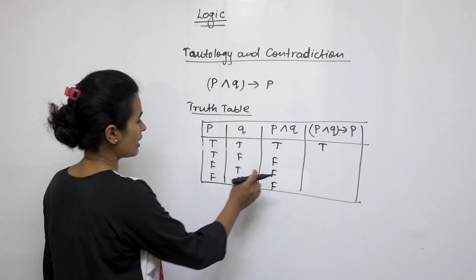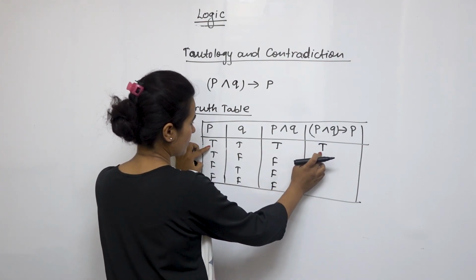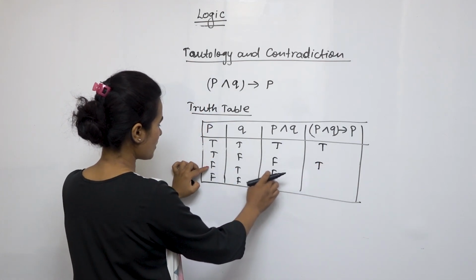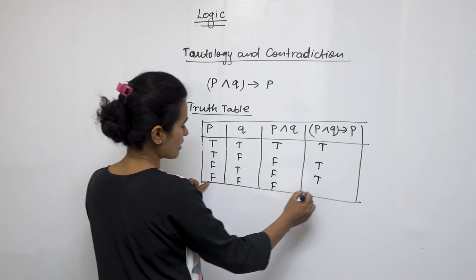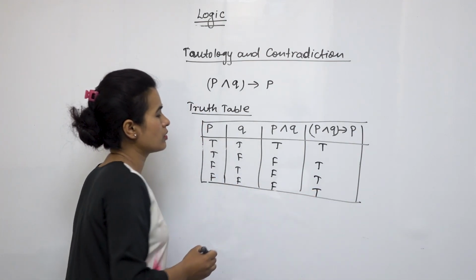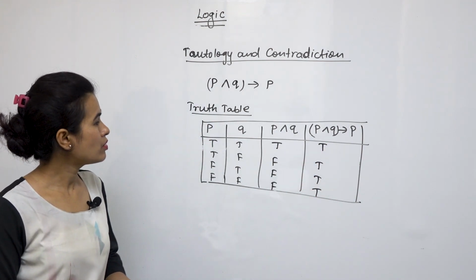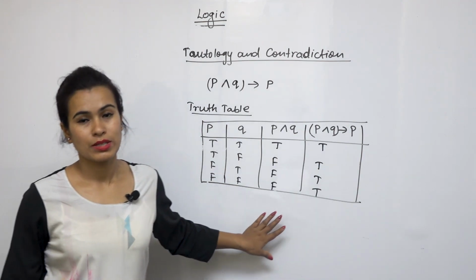Otherwise, all true. Here, check. Hypothesis true, conclusion true. Hypothesis false, conclusion false: true. Again hypothesis false, conclusion false: true. Hypothesis false, conclusion also false: true. So in all we can see T, T, T, T. So if all the values are true, then it is called a tautology.